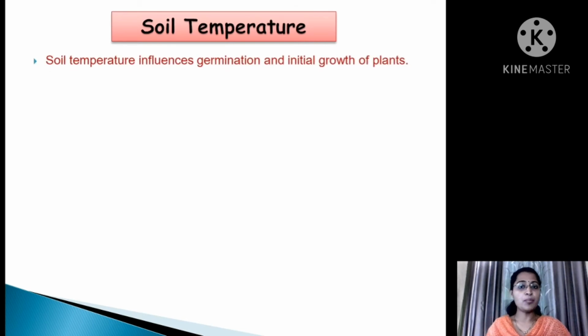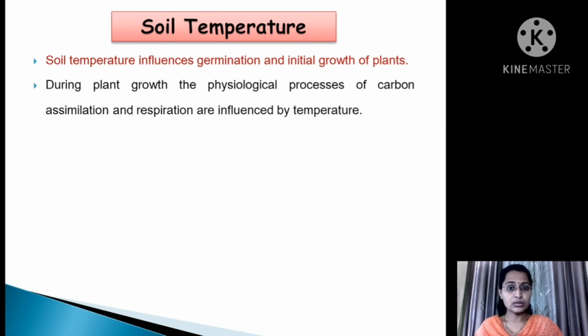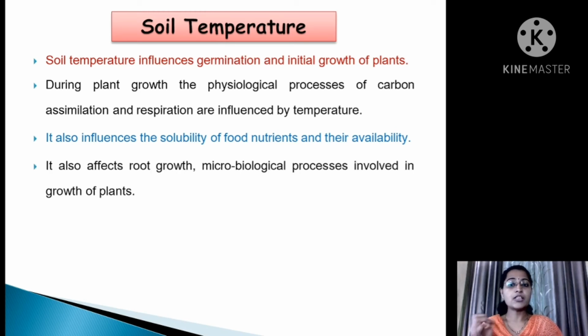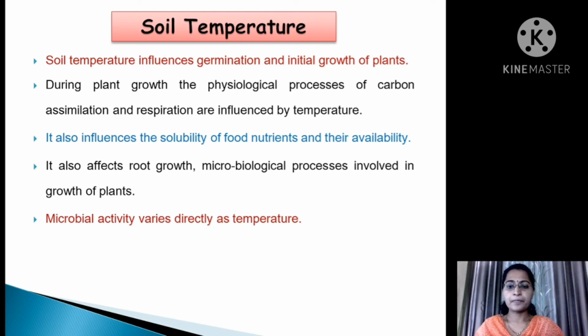Soil temperature influences germination and initial growth of plants. During plant growth, the physiological processes of carbon assimilation and respiration are influenced by temperature. It also influences the solubility of food nutrients and their availability. It also affects root growth and the microbiological processes involved in the growth of plants.